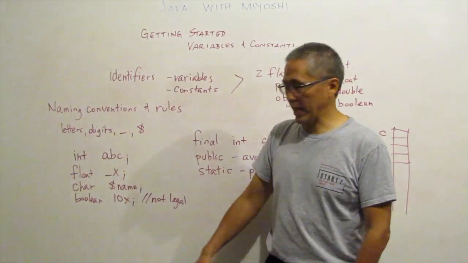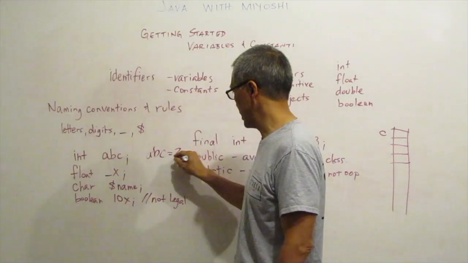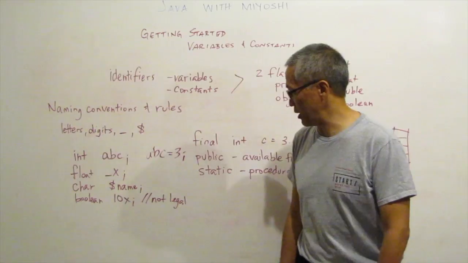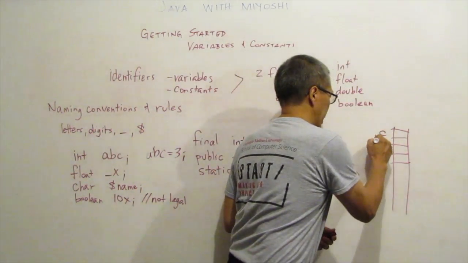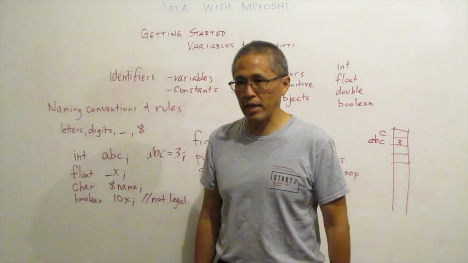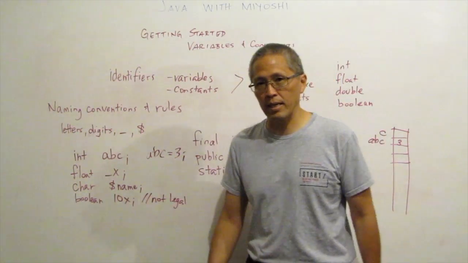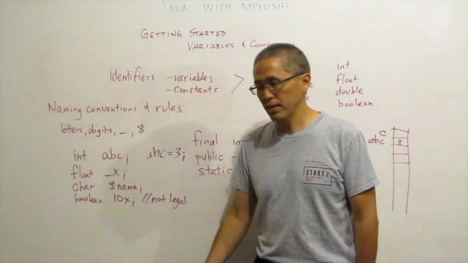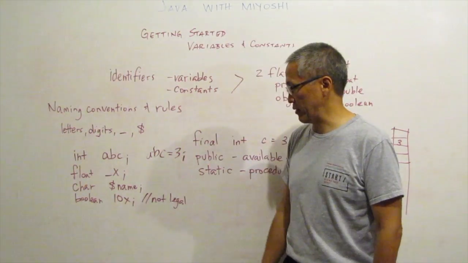And then if later on in the program I say ABC is assigned the value 3, that single operator there is called assign the value, and this says take that 3 and stick it into the memory location associated with ABC. So we're just using some shortcuts here, because really when we say ABC is assigned the value 3, it's saying, hey, take the memory location associated with ABC and put the number 3 in there.